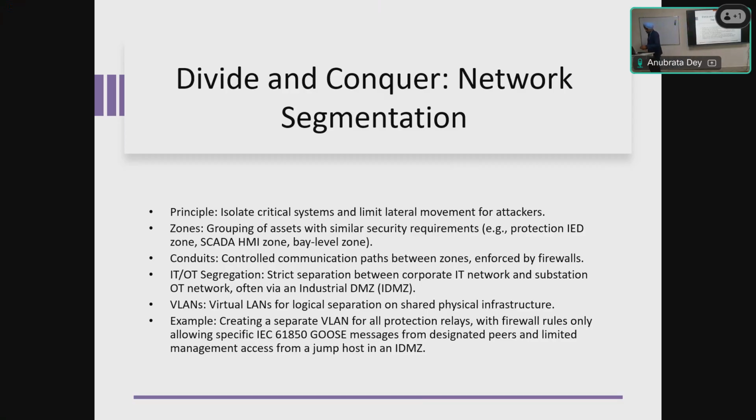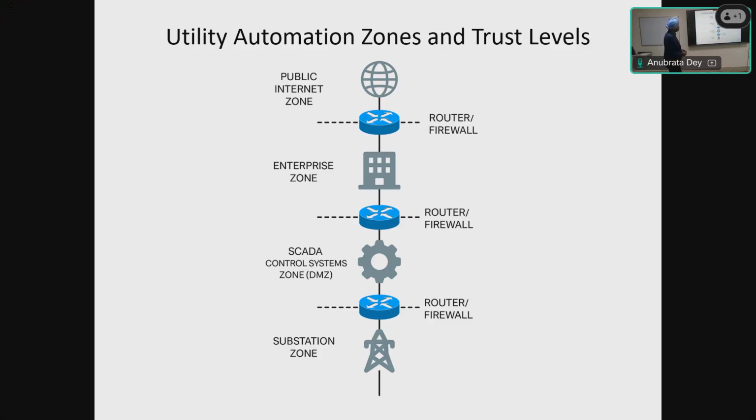So this is again an example of utility automation zones and trust levels. You have to decide within your system what zones you want, depending on the trust level.